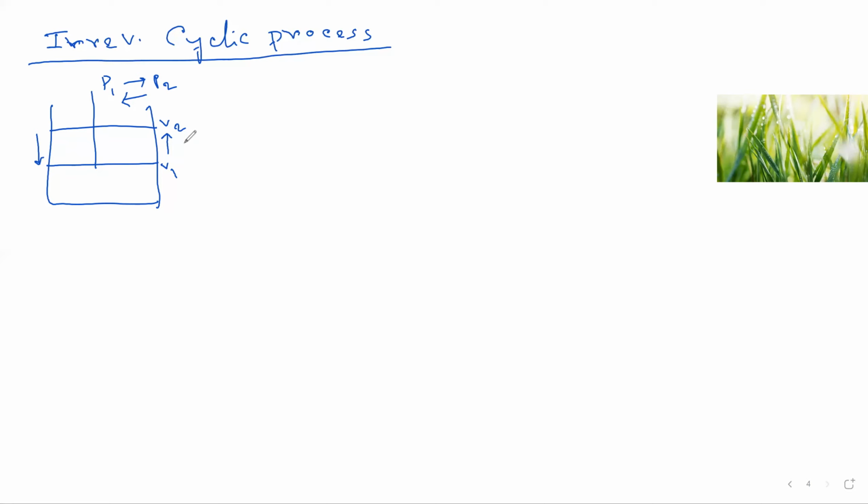So this is W1 and this is W2. This is the work done in the forward process and this is the work done in the backward process.